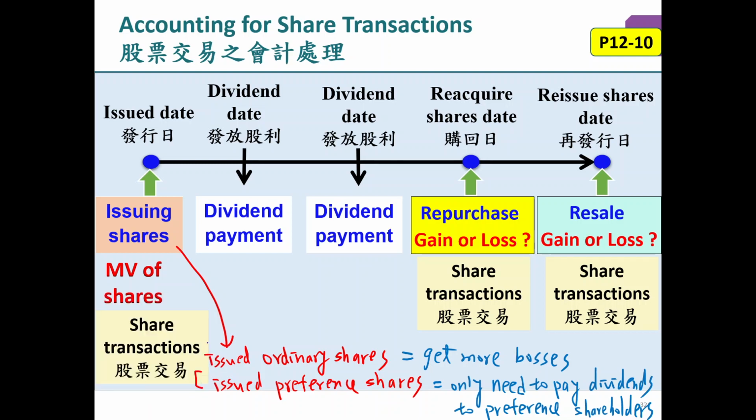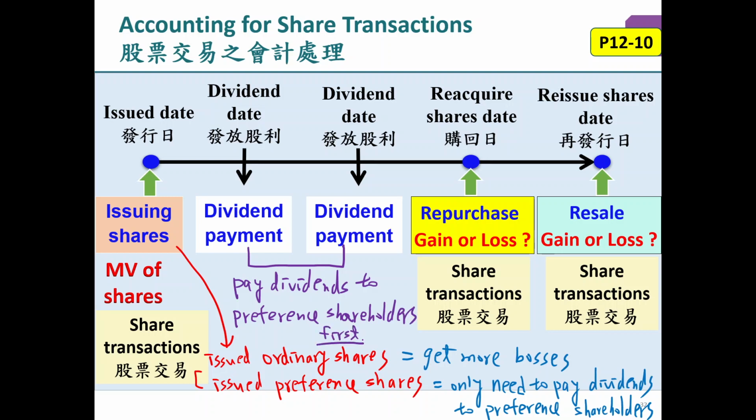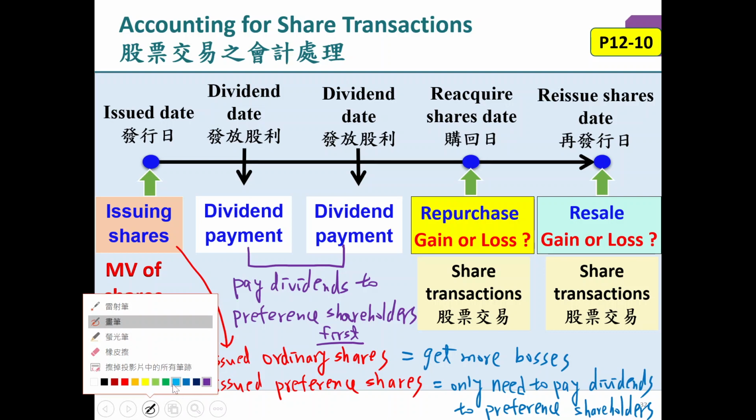So the second issue: make sure you pay dividends to preference shareholders first, because they have dividend preference, 股利优先权. That's their first priority. So make sure you pay the dividends to them first.